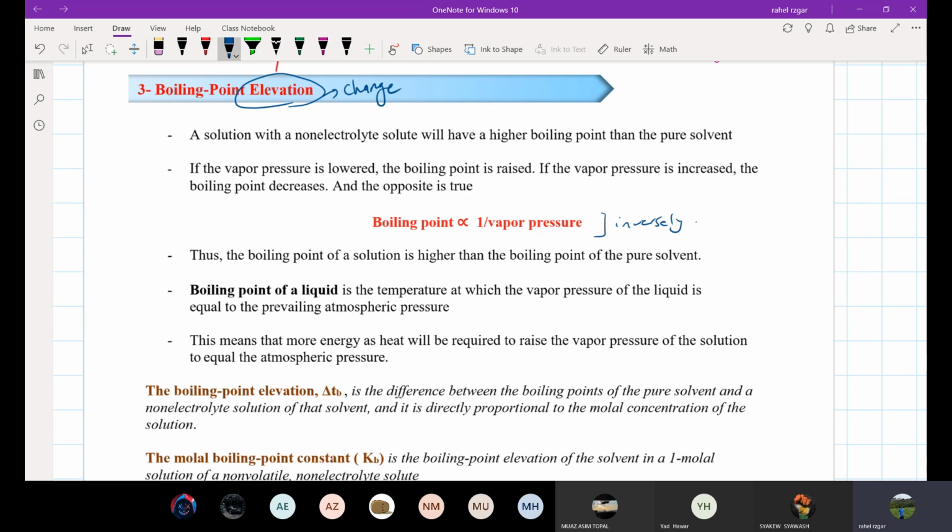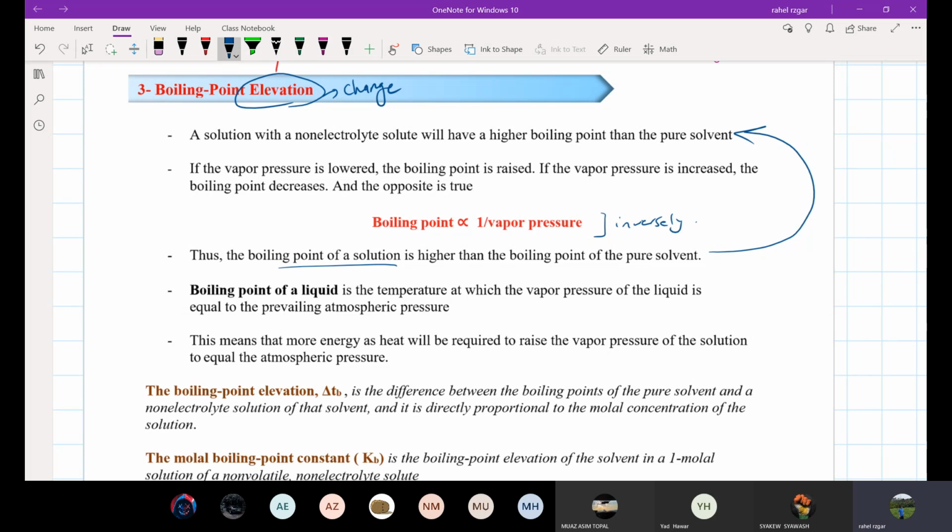So we know boiling point of a solution is higher than boiling point of the pure solvent. It means that if you put a solute, it's harder to boil the water or the liquid.